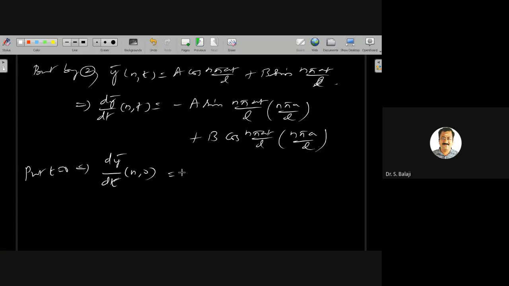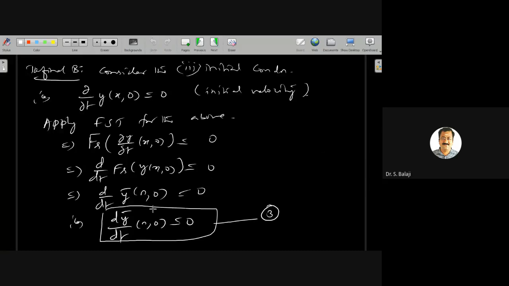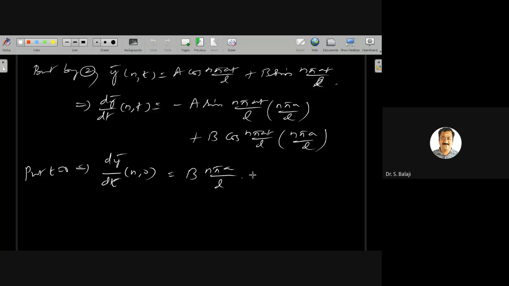Put t equal to 0 on both sides in dy bar by dt of n comma 0. Sin 0 is 0 and cos 0 is 1. Therefore you get b n pi a by l. So dy bar by dt of n comma 0 equal to 0. This is the fourth equation.